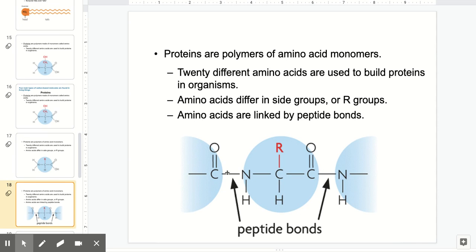This would be one amino acid, bound to another amino acid and another, and between the amino acids are peptide bonds holding them together. Primarily, proteins are made of carbon, hydrogen, oxygen, and nitrogen.